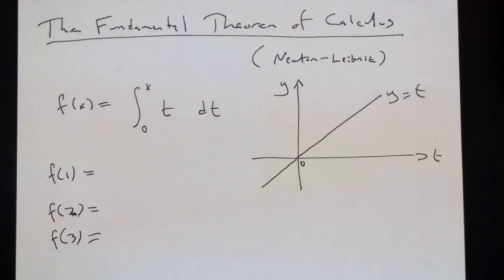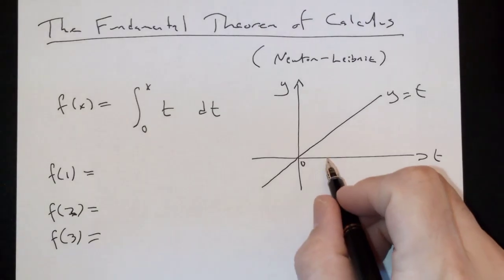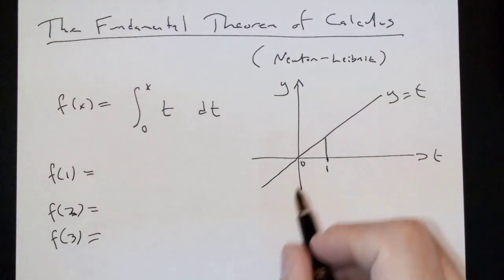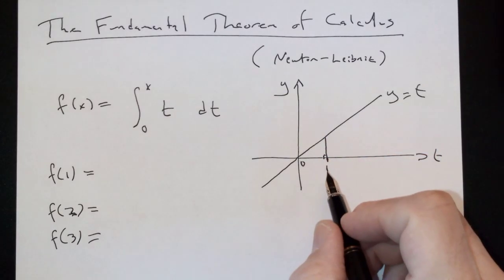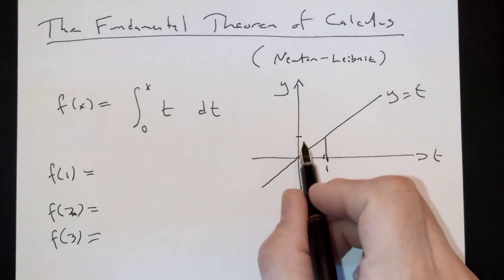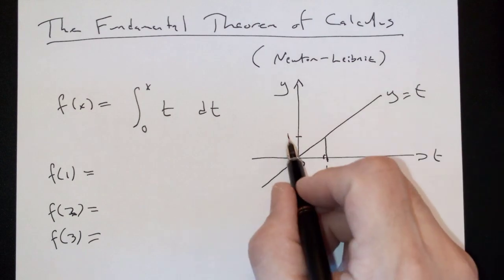What is the value for f of 1? Well, geometrically, that's a shape, right? It's a triangle. Even better. It goes out to 1. It's a right triangle. But if the x value is 1, then the height here, well, y equals t, so that's also 1.